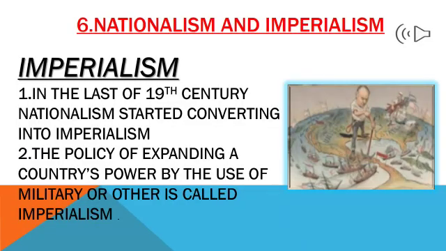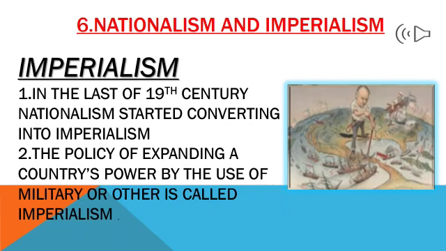Well, children, this is the sixth and the last topic of this chapter, nationalism and imperialism. In the last years of the 19th century, nationalism started converting into imperialism. Yes, children, the nationalist groups in Europe had become increasingly incompatible with each other and were constantly in conflict to show their supremacy over each other.